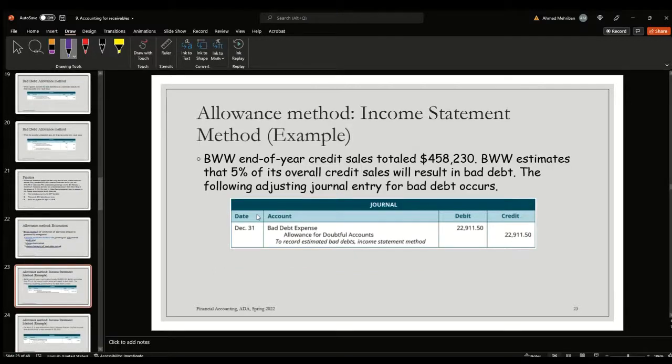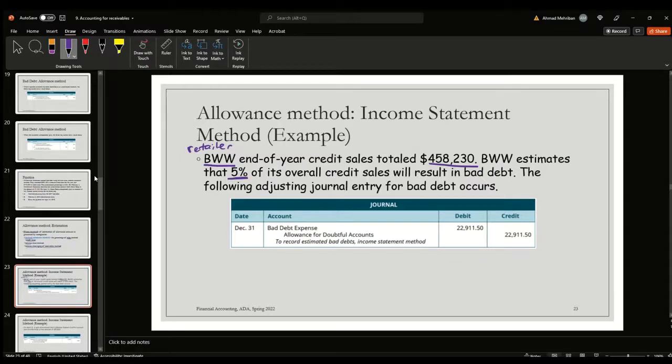Now let's look at this: this is our retailer company. At the end of the year, the credit sales have totaled 458,230. This retailer makes an estimation that about 5% of its overall credit sales will result in bad debt.